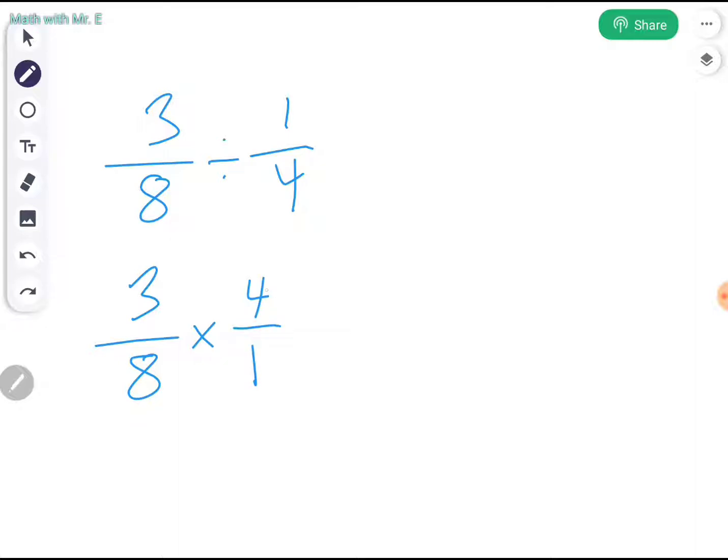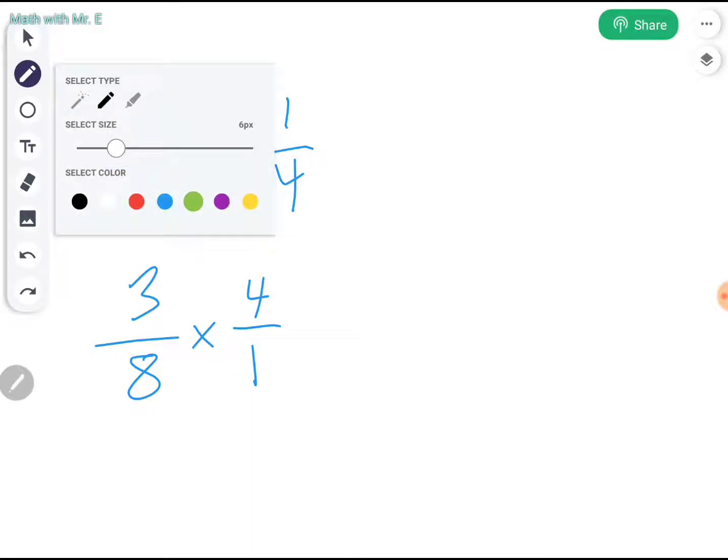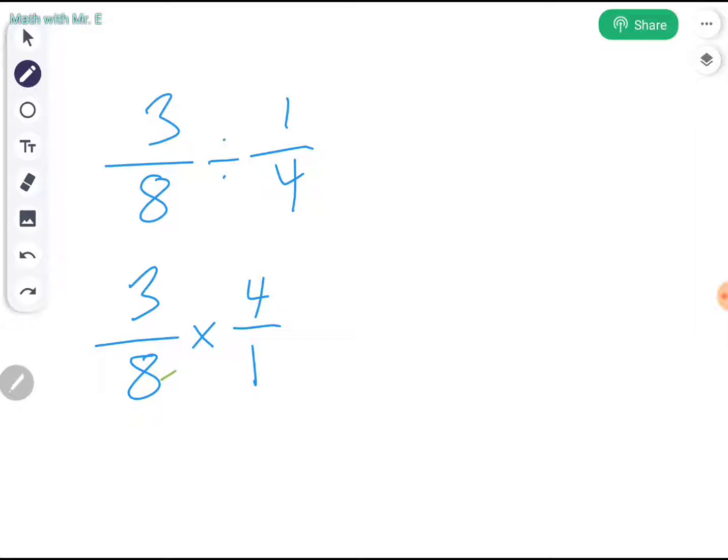And I notice that I can simplify. This 8 and the 4 can both be divided by 4. 4 divided by 4 will be 1, and 8 divided by 4 will be 2. So now we have 3 times 1 equals 3, 2 times 1 equals 2.